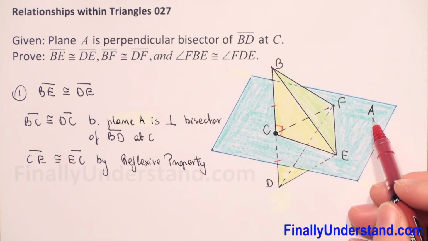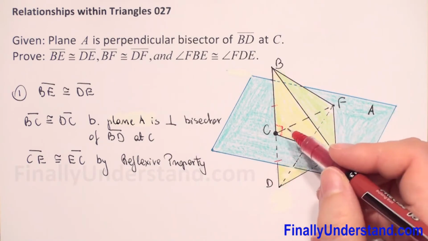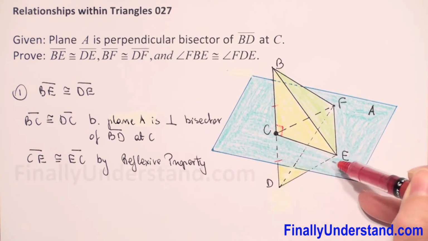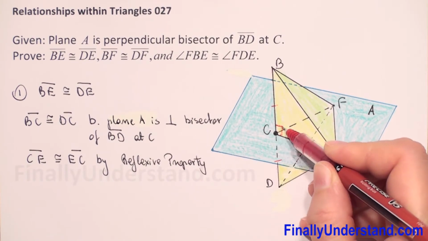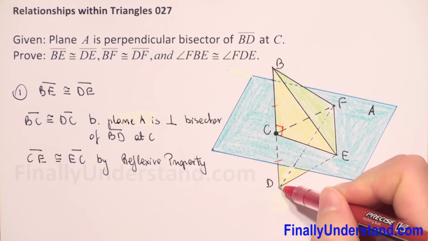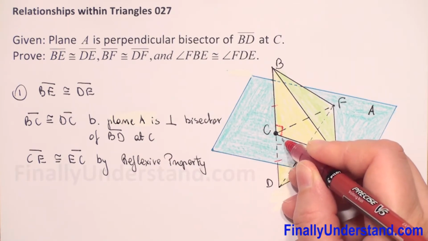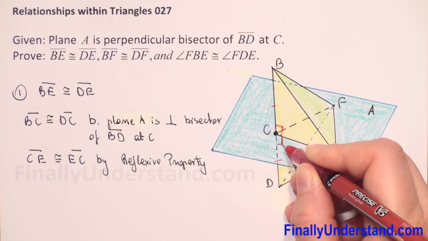Because plane A is the perpendicular bisector of BD, angle BCE is a right angle and DCE is a right angle too.